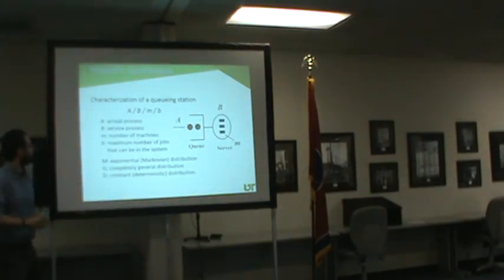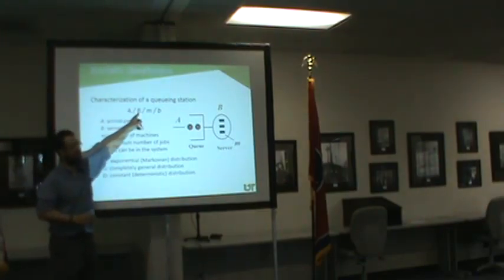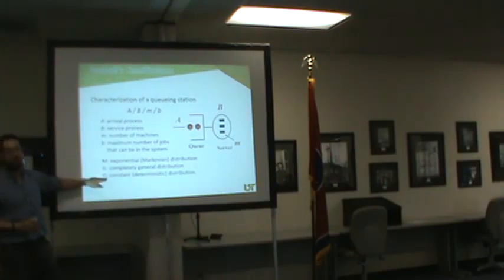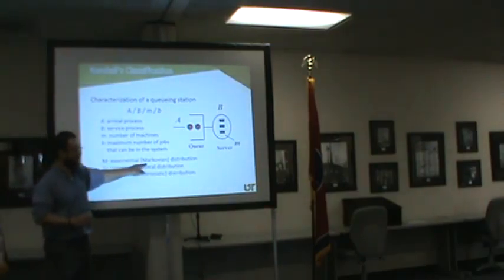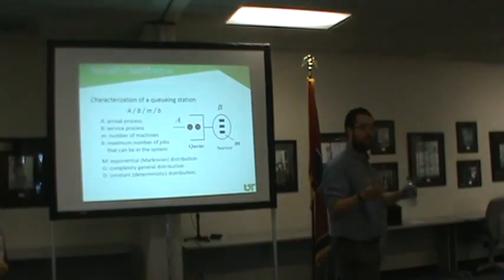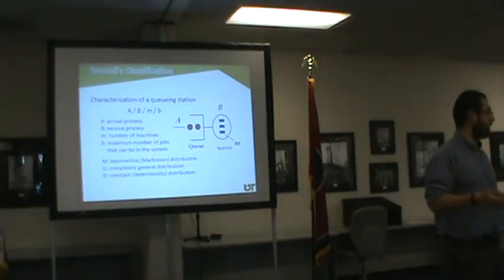A is explaining what is the type of arrival process. So the type of arrival process and service process B are going to be determined by any of these three parameters. Okay? So the first parameter is the queue is behaving in a Markovian process. What that means is exponential arrivals.